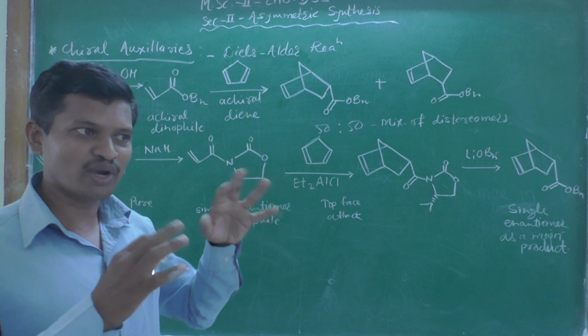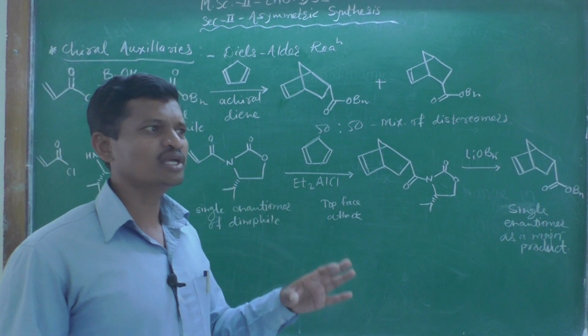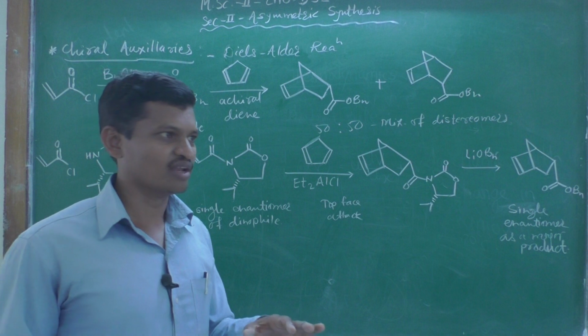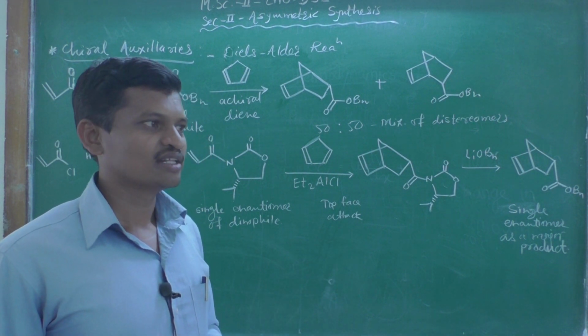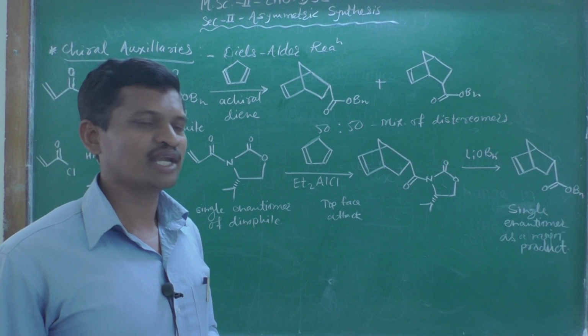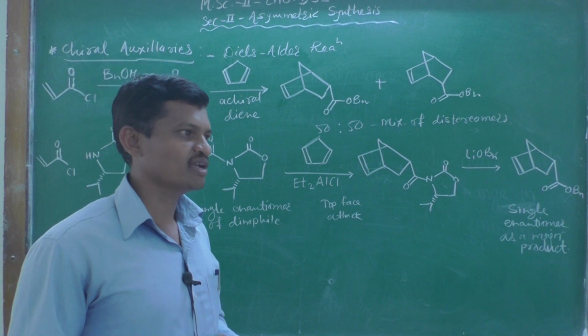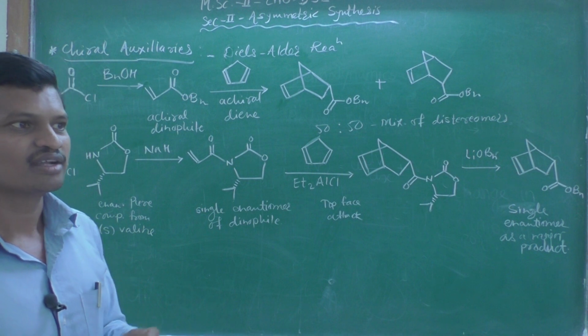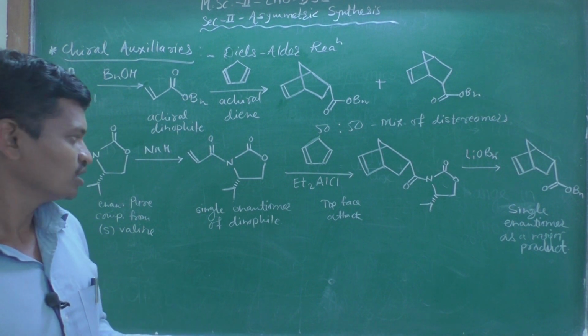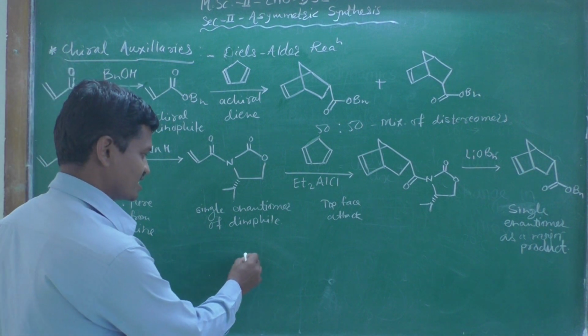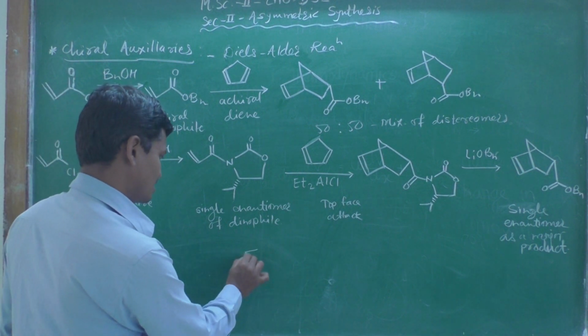The Diels-Alder reaction is a cycloaddition reaction between a diene and a dienophile. The diene must be a conjugated diene, so there are two carbon-carbon double bonds, and a dienophile is a simple alkene. So we can write a simple Diels-Alder reaction like this.